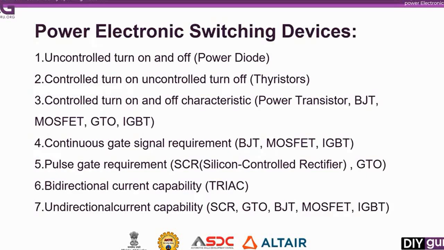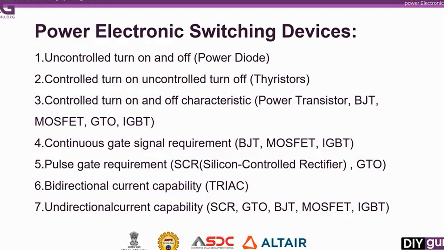It is a form of uncontrolled semiconductor device, so it cannot be turned on or off. They are turned on or off when certain conditions arise in the circuit. So you cannot control their turn on and turn off. That's why they lie in the first segment, uncontrolled devices.